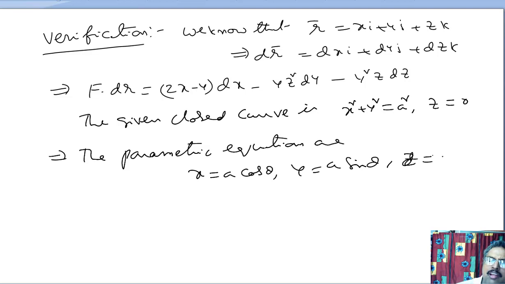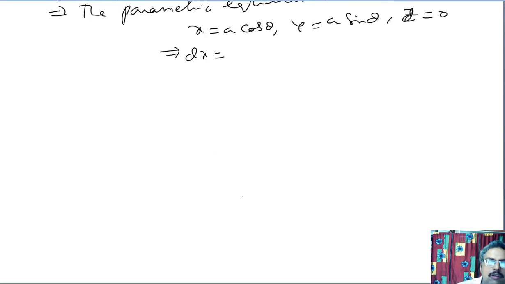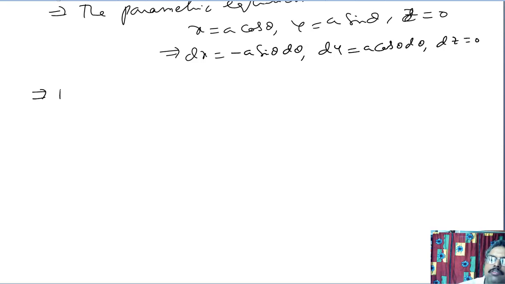This is nothing but line integration, already we discussed. Now dx equals minus a sin theta d theta, dy equals a cos theta d theta, dz equals 0.